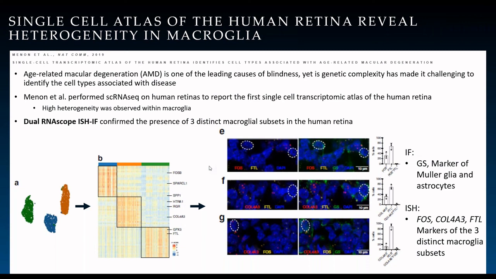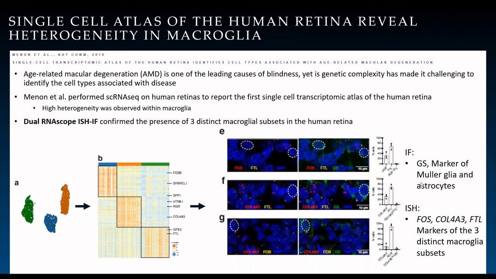Although we understand the changes in target gene expression for these targets in disease conditions, they wanted to establish the role of these targets and the cell populations expressing them in normal retina. So they performed single-cell RNA sequencing and established cell populations in the normal retina.